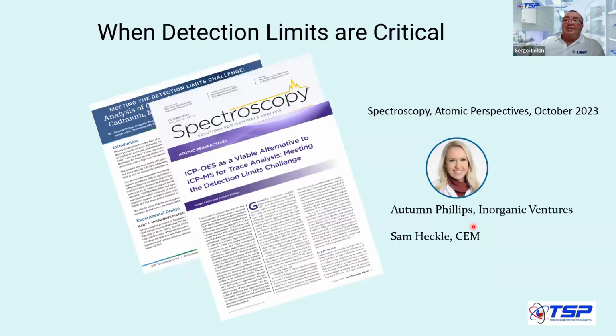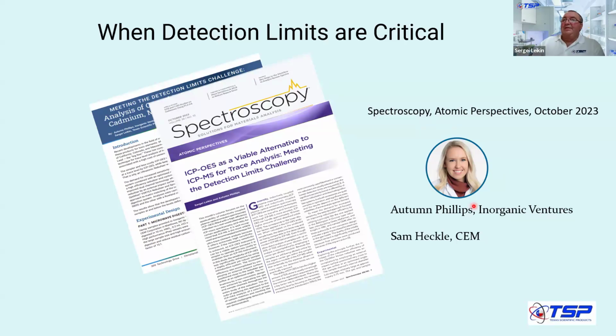So the next application is when the detection limits are very low, but what if you don't have ICP-MS for that? Again, I will refer to the paper that we published in Spectroscopy in 2023. The work was done by Autumn Phillips, R&D chemist at Inorganic Ventures, and it was a collaboration. Folks from CEM helped us with digestion.